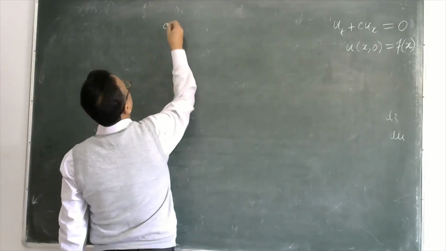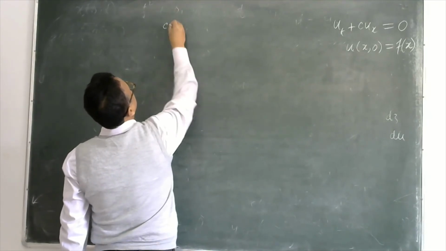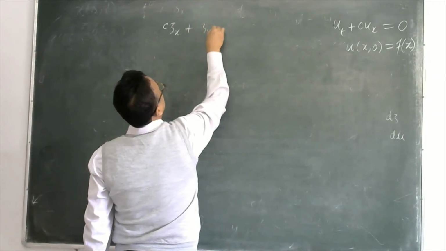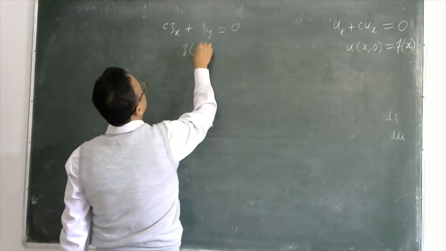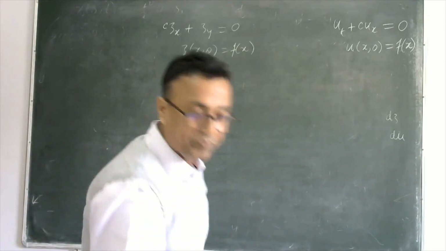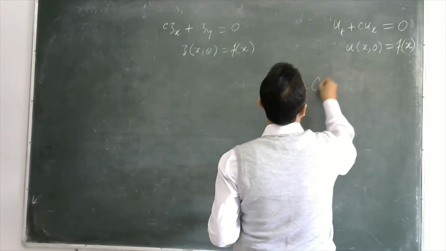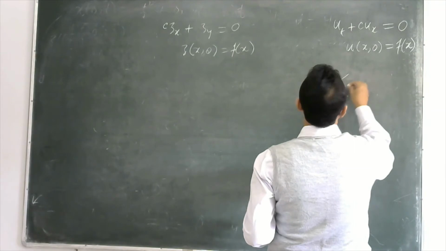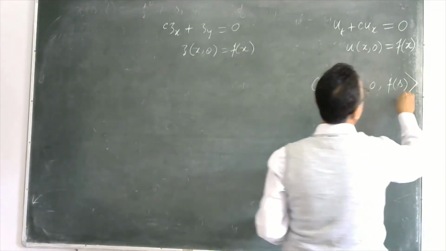If I want to write it in x, y, and z, it will be z_x plus z_y equal to 0, and your initial condition is given by z(x,0) equal to f of x. Here the initial curve can be parameterized by (s, 0, f of s).